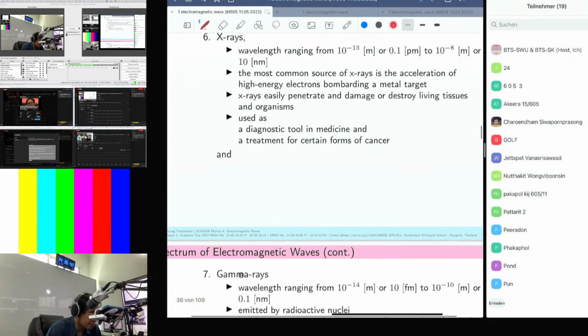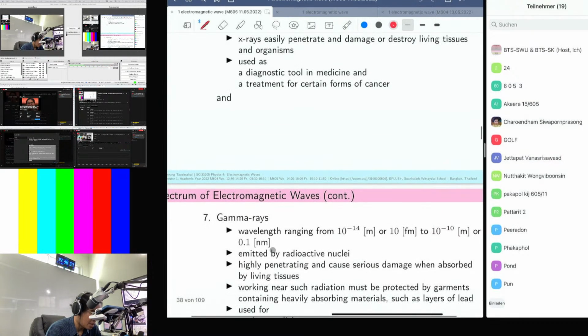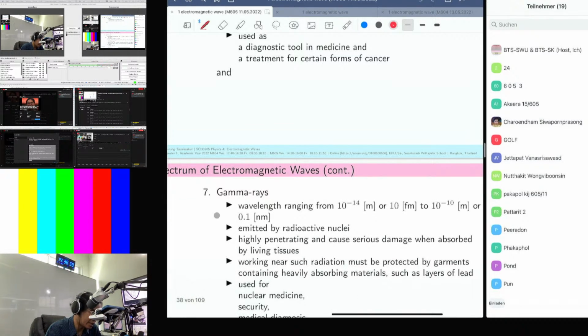Okay, and the last band of electromagnetic wave is extremely dangerous to us. It's called gamma rays. But anyway, humans are clever. They will try to apply even something dangerous for special benefit.